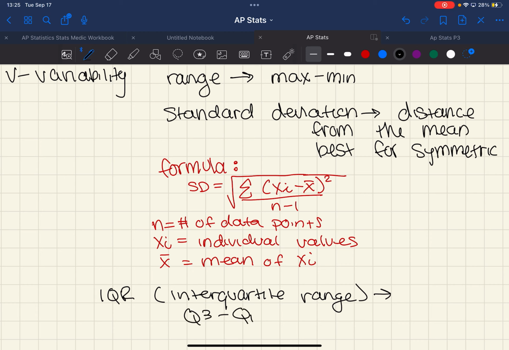The first quartile is the value that divides the bottom 25% from the top 75%, while the third quartile is the value that divides the bottom 75% from the top 25%. It's often used to describe the spread of skewed distributions. So right here, it is best for skewed.